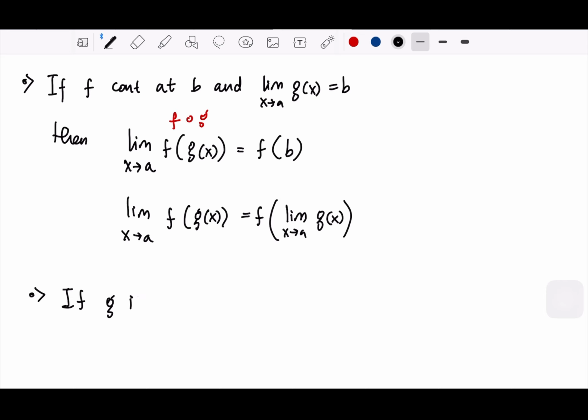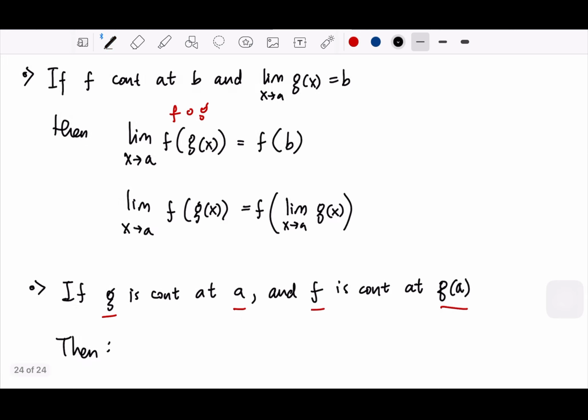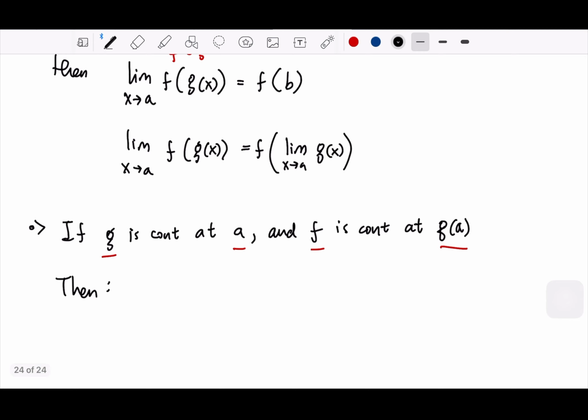If g is continuous at a, and f is continuous at g(a), then f∘g, or f(g(x)), is continuous at a.